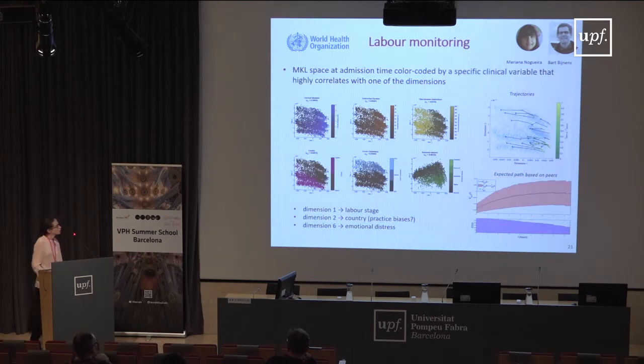So here, what you can see in these graphs is the output space of the algorithm that I have explained before at admission time. So the first time the mothers come to the hospital, if I only use the data from this first time, I would obtain this output space. In fact, these 5 are exactly the same graph, only colored by different clinical variables. Okay? It's representing the first dimension of the output space and the second dimension.